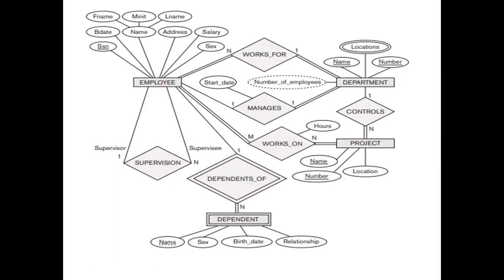A regular or strong entity type is the entity type which contains one of the attributes as a primary key. Here we have employee, department and project. There are 3 strong or regular entity types. Now we need to see how to map these entity types.